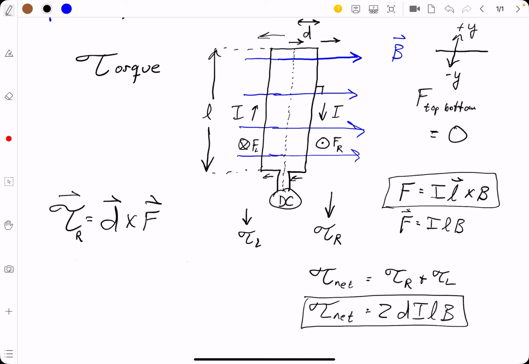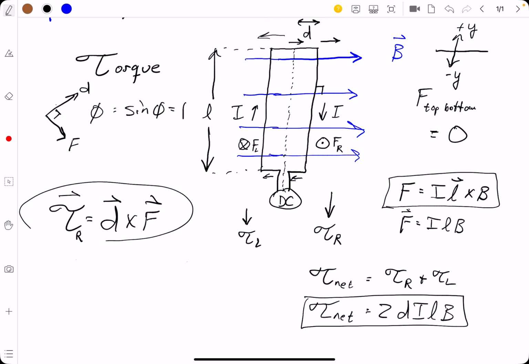So why are we doing that? Because the D is always going to be the sine of the angle. So let's say the angle between D and F. That's always 90 degrees. So we can call that angle phi and say that the sine of phi is always equal to 1. So this part is always going to be D times F, okay?